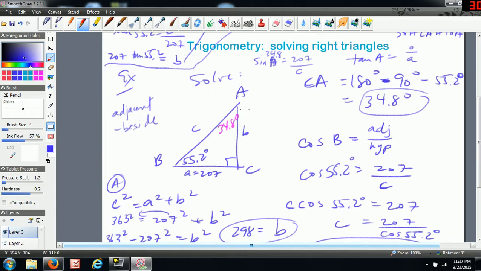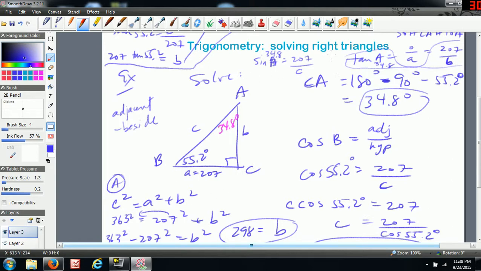So when you have angle A, tan of A would be opposite over adjacent, so it would be 207 over B. So you would have tan of 34.8 is equal to 207 over B. And if you solved for B, you would get the exact same answer that we did here.